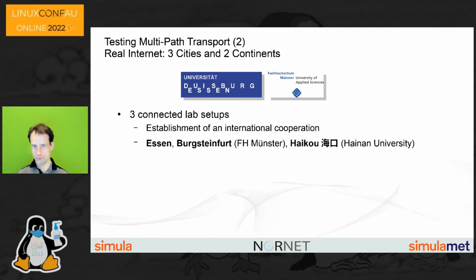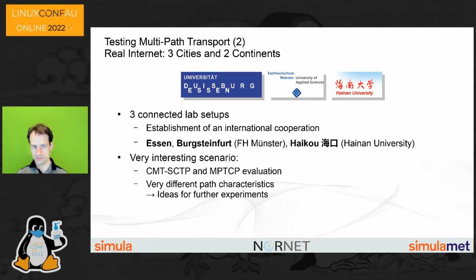We were able to convince colleagues at 2 other universities, the University of Applied Sciences in Burgsteinfurt in Germany, as well as Hainan University in China, to also create testbed setups connected at each site to 2 different ISPs. So we had an intercontinental setup with 3 sites, 2 in Germany, 1 in China, and all these sites had 2 ISPs with IPv4 and mostly also IPv6.